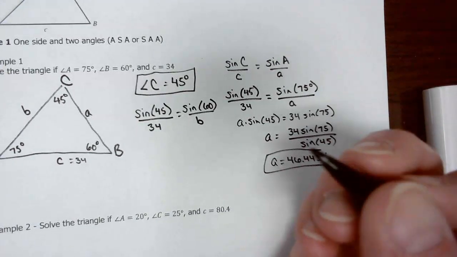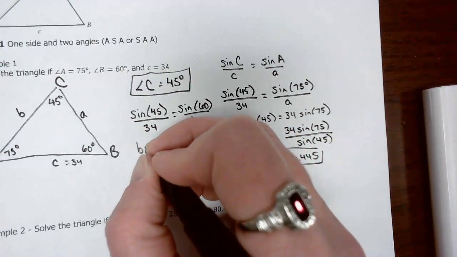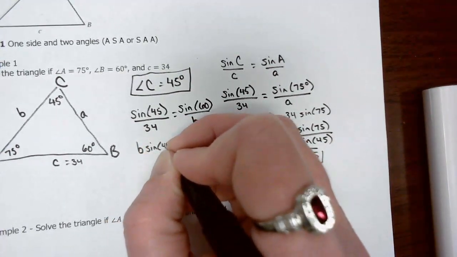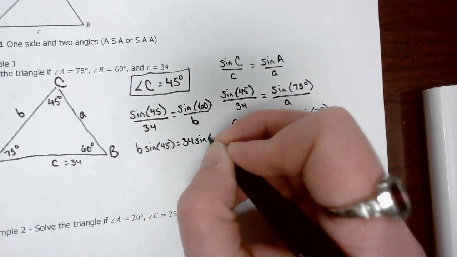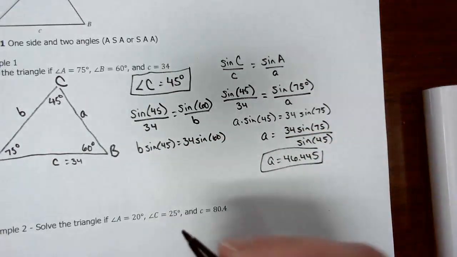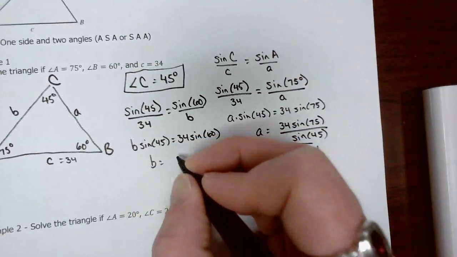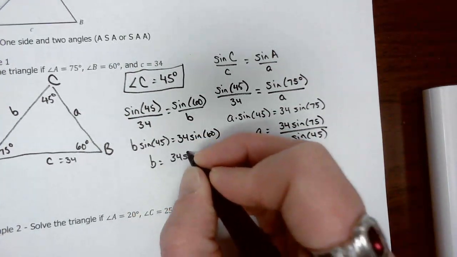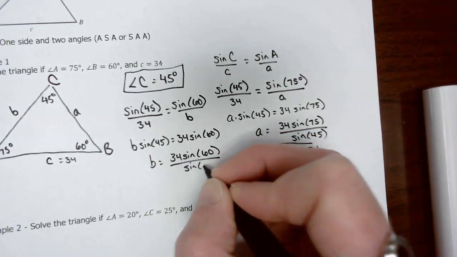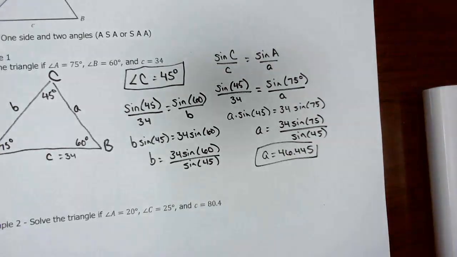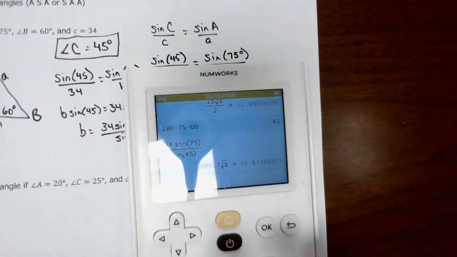And again, I would need to cross multiply. So b times the sine of 45 equals 34 times the sine of 60. Divide by the sine of 45. Again, the sines do not cancel out.